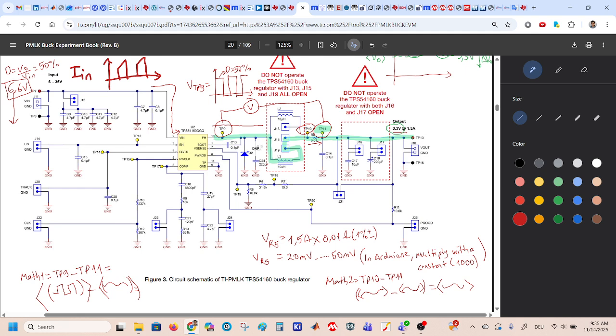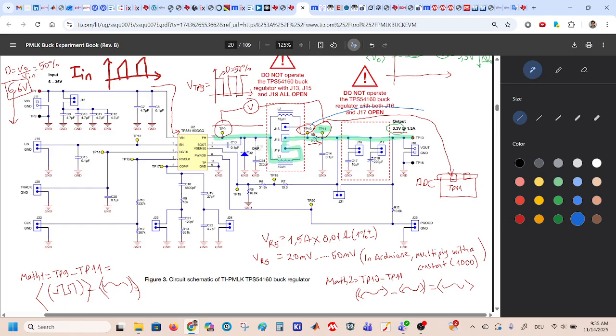And the third problem was, or the second problem was, we have Arduino here. And Arduino has several ADC channels, analog to digital. Let's say we need two channels. One is for TP11 and the second is TP10.